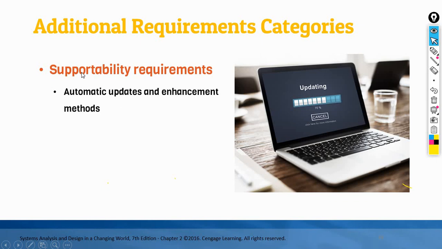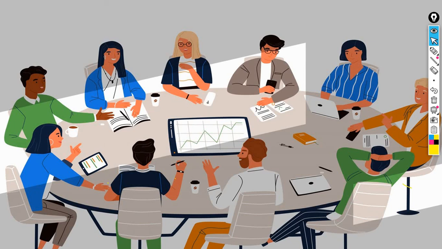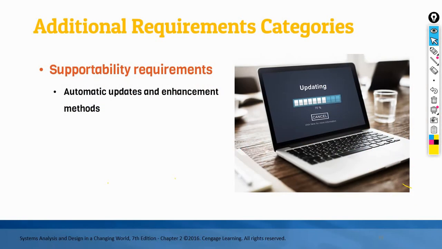That's for supportability requirements. It is important that all the requirements are identified and precisely stated early in the development process, and that inconsistencies or trade-offs among them are resolved.